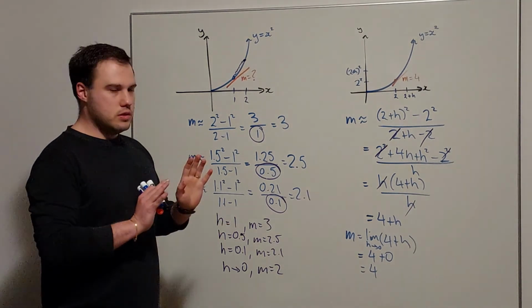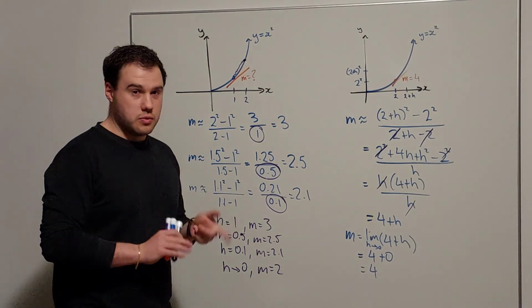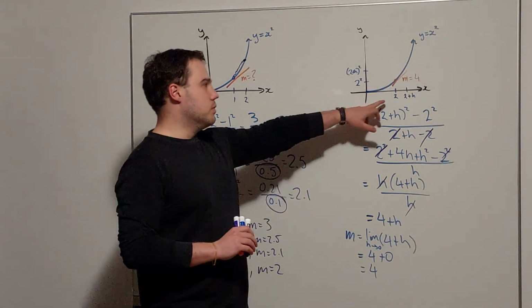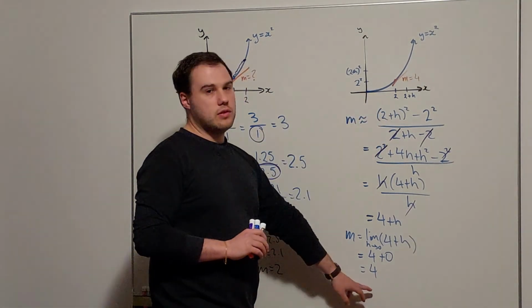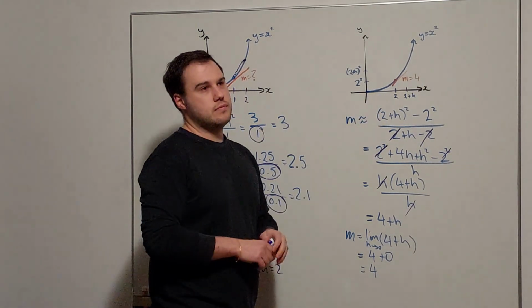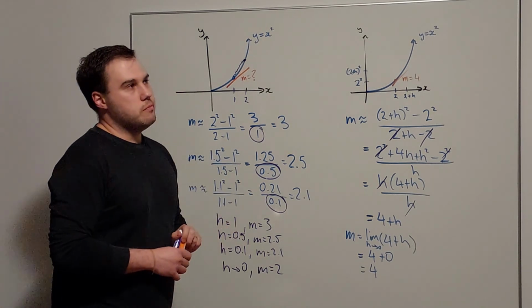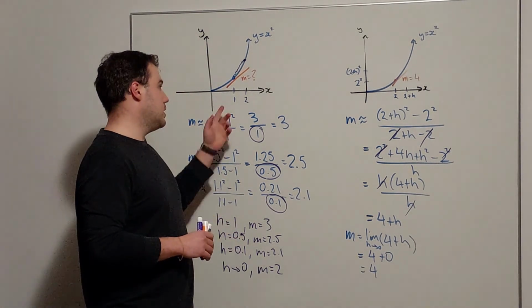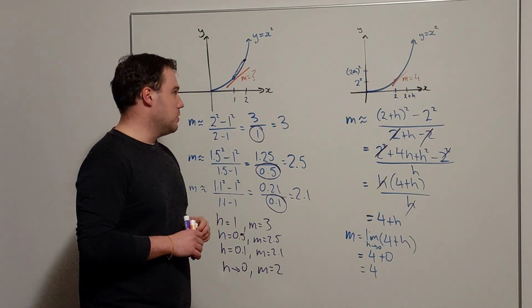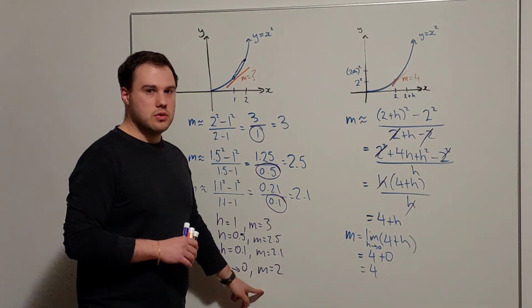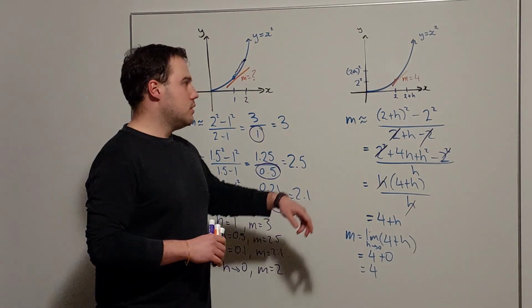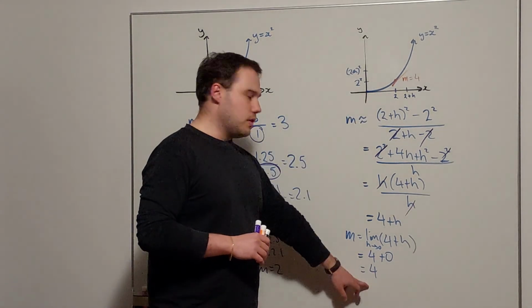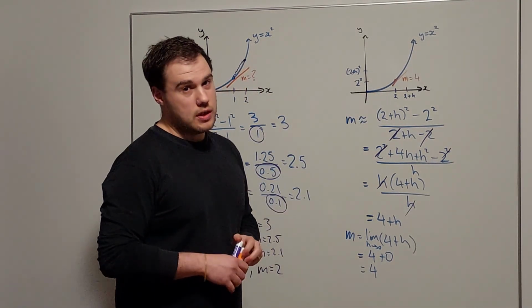And again, just specifically for the graph y equals x squared, when the x coordinate was 2, we had that the gradient was 4. So maybe the pattern has got something to do with the particular x value. And it looks like when x equals 1, gradient equals 2, it's doubled. When x equals 2, the gradient equals 4, still seems like it's doubled.